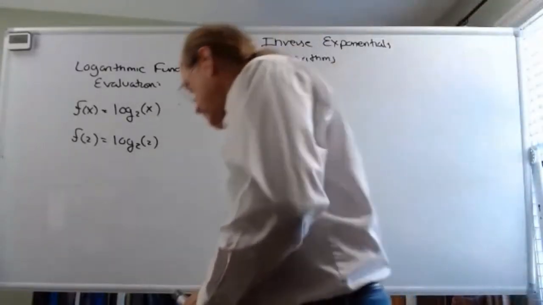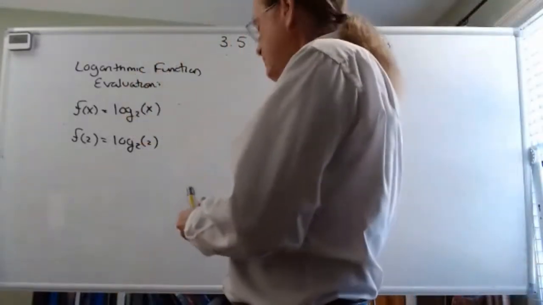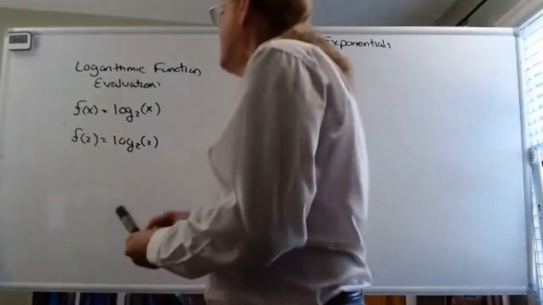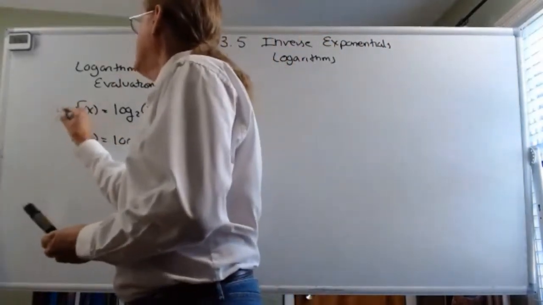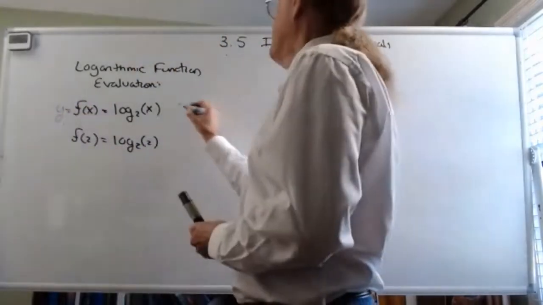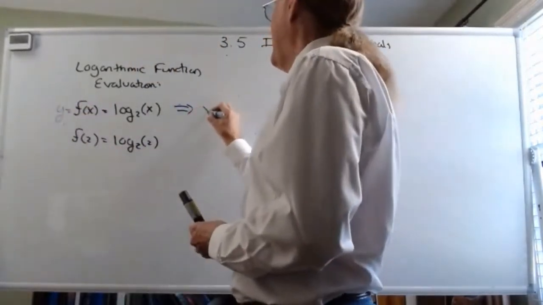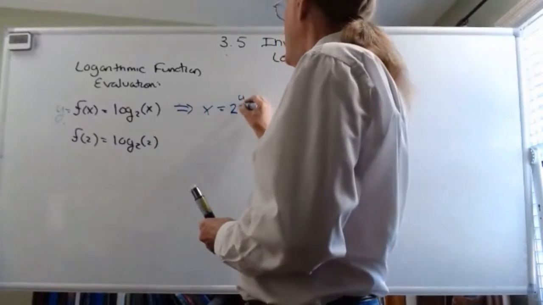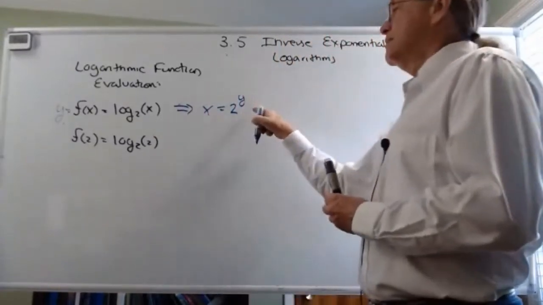Let's take a look at it. So, for example, what is the exponential form of this? Remember, this is our y. So if I switch it around, x is equal to 2 to the y. And that's my logarithm over here.